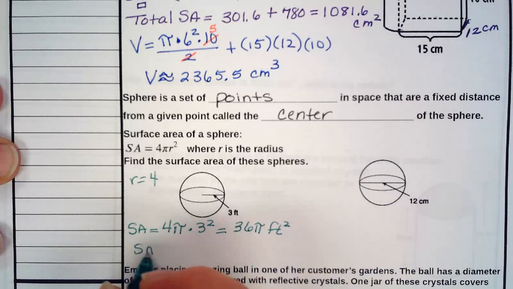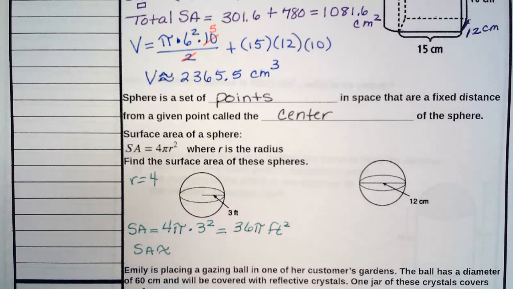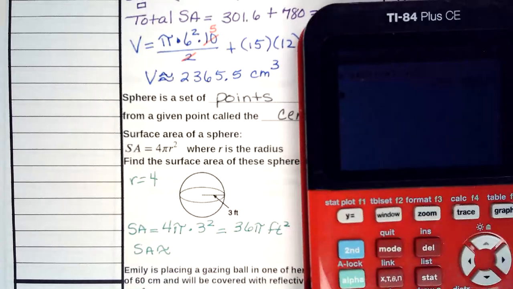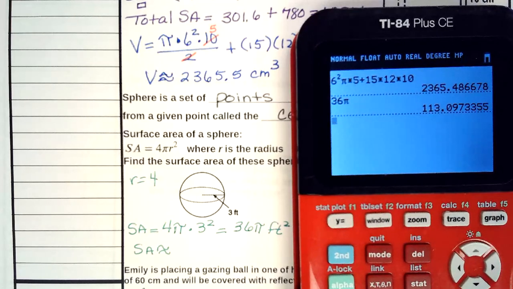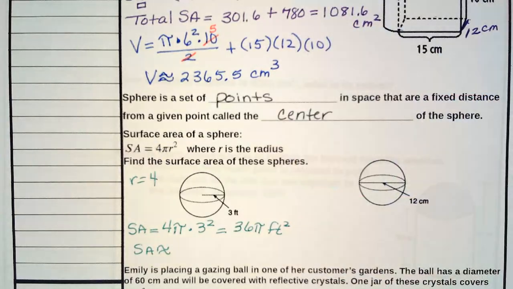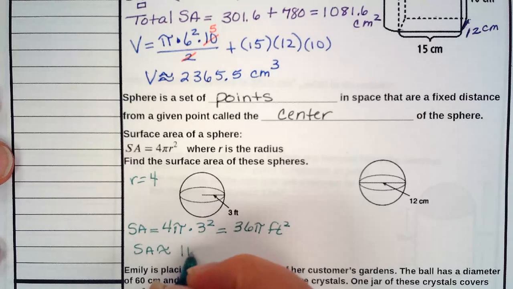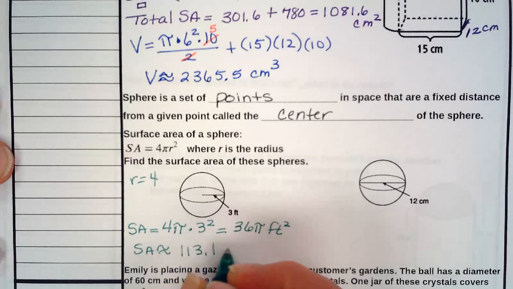The surface area is approximately, when I put in 36 pi, I get 113.1. This would be feet squared.